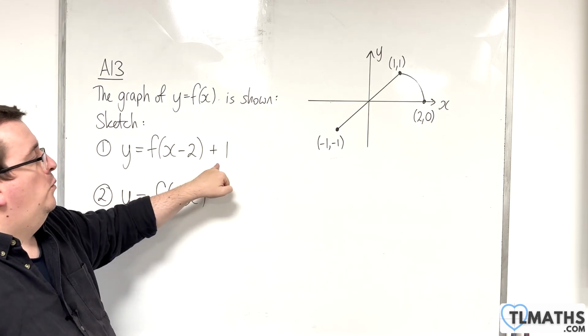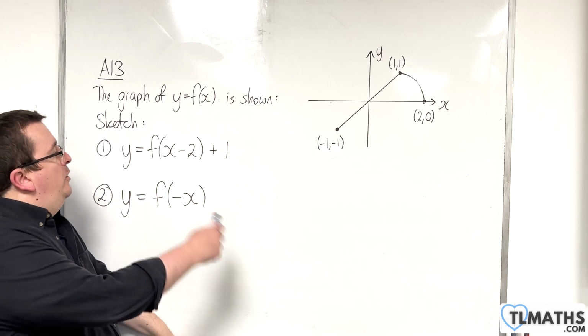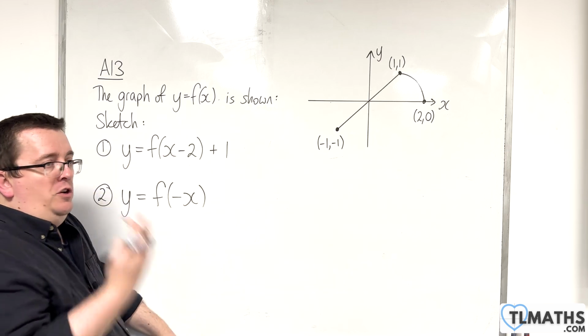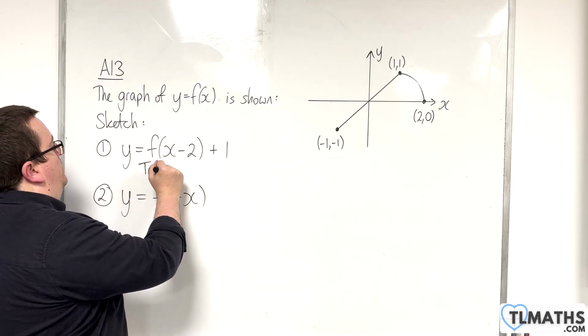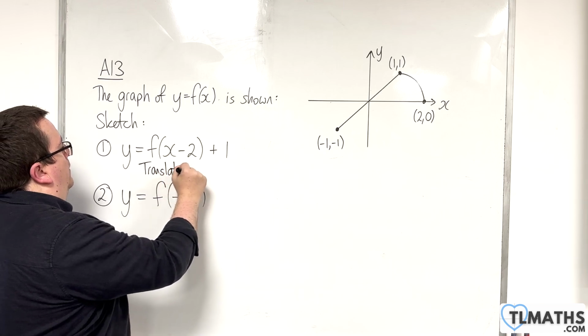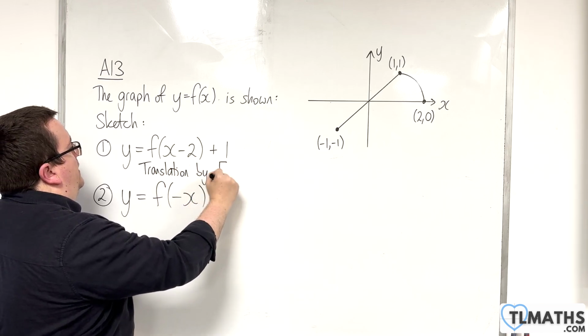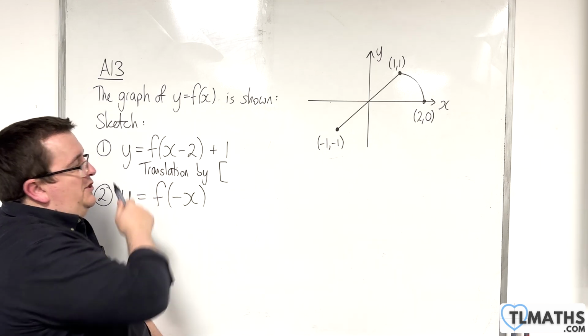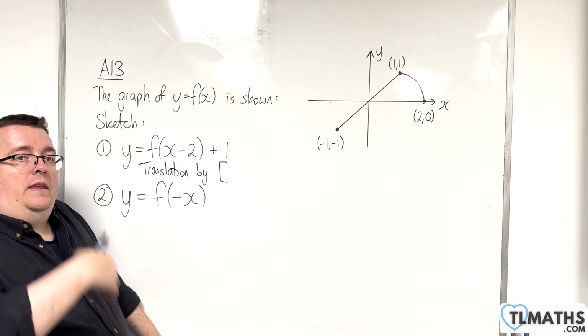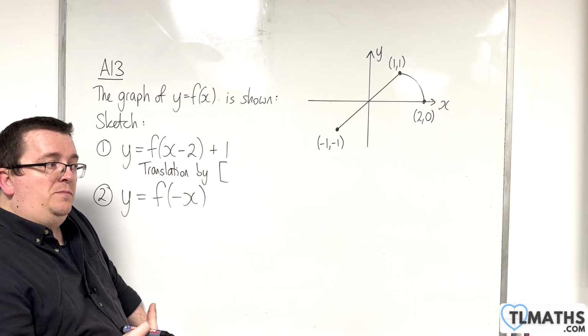So, first of all, what is this? Well, because you are adding and subtracting things, we should identify this as a translation. So this is a translation by, and now it's going to be a vector. Now, the value inside the bracket is always the opposite to what you expect.